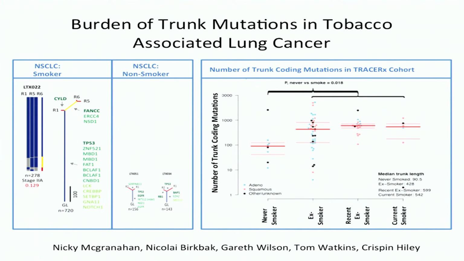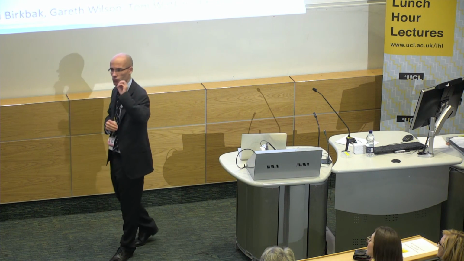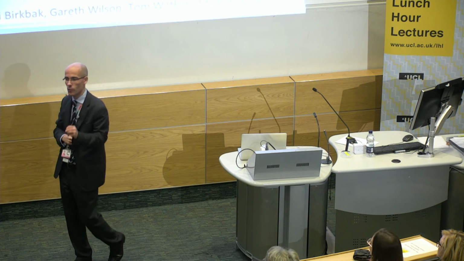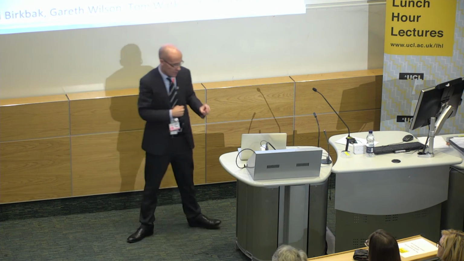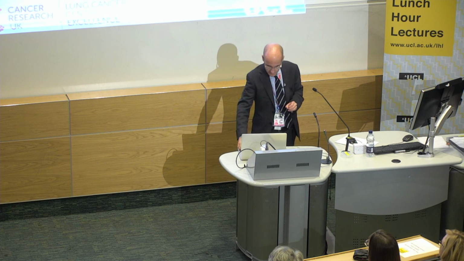So it's somewhere between 5 and 10 times longer in a smoking cancer genome than a non-smoking cancer genome. That means you've got 5 to 10 times more mutations that the immune system might be able to see. Every time you get a point mutation, there's a risk that an immune cell in your body will see that tumour and might be able to tackle it.